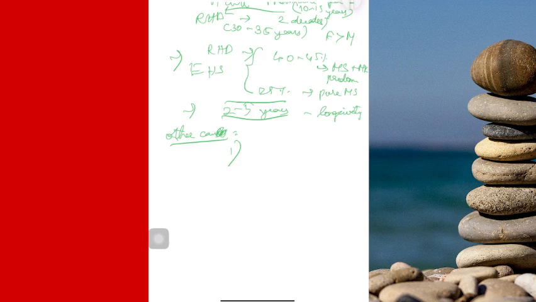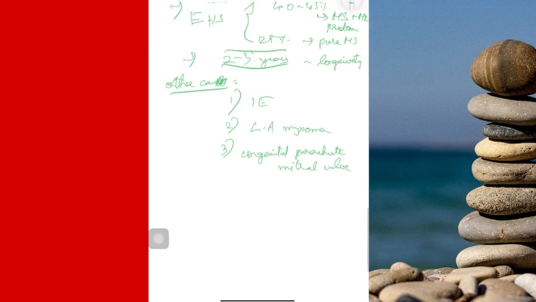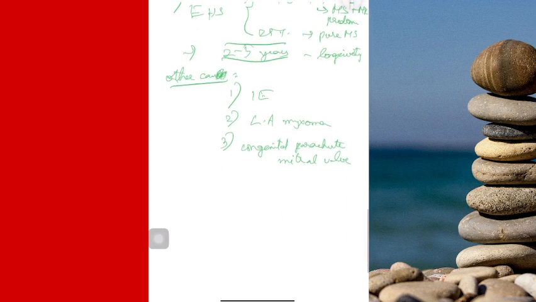Okay, so if at all you say infective endocarditis, if at all you say LA myxoma, or if you are very shrewd enough to answer a congenital parachute mitral valve as a cause of your mitral stenosis case in your final exam, I think your discussion will go to your postgraduate level, and be very prepared to comment on these as the underlying cause of your mitral stenosis, unless the examiner wants to probe on the other causes of mitral stenosis.